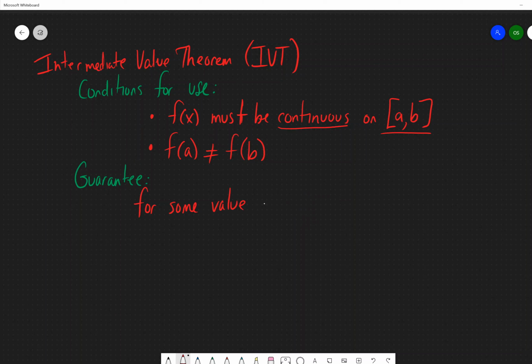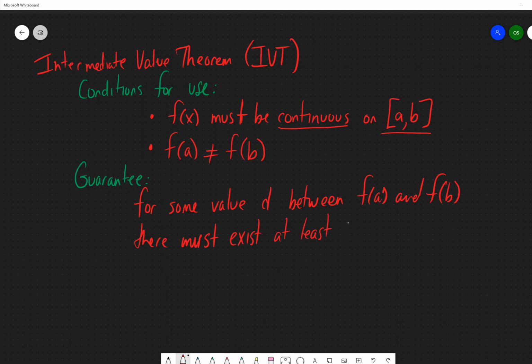For some value d between f of a and f of b, there must exist at least one c between a and b where f of c equals d.